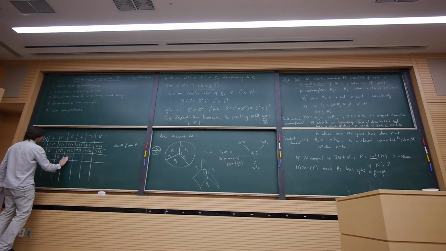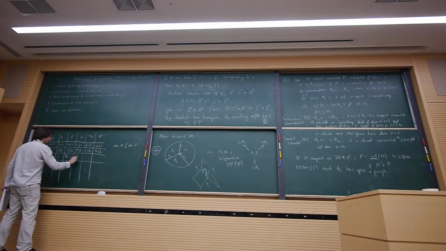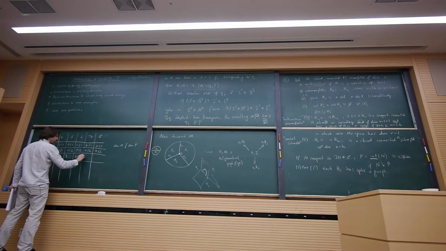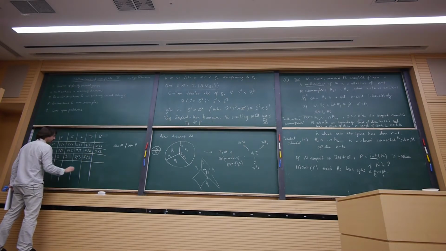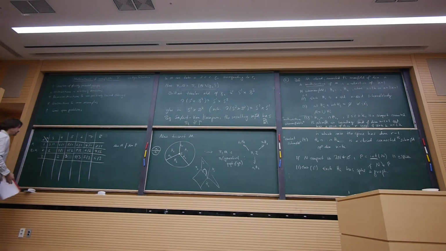So here I'm done as well, because here, of course, I also do trisections. Then here it's 4 and 3, and here it's 5 and 3, and here it's 6 and 3. Okay. And then we go on.